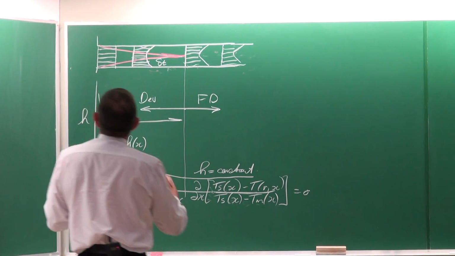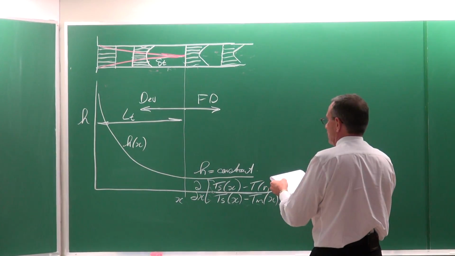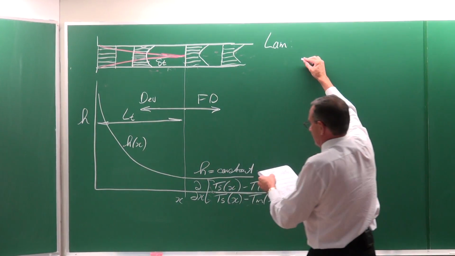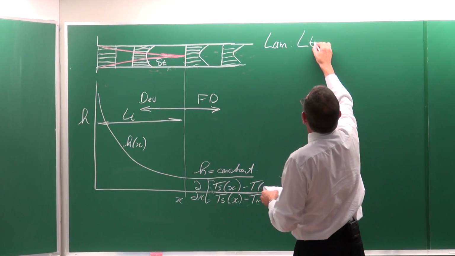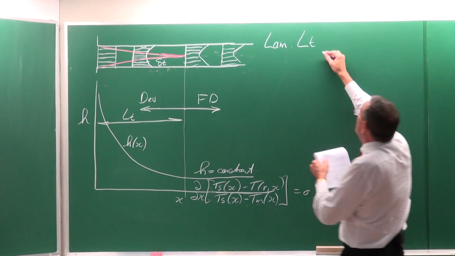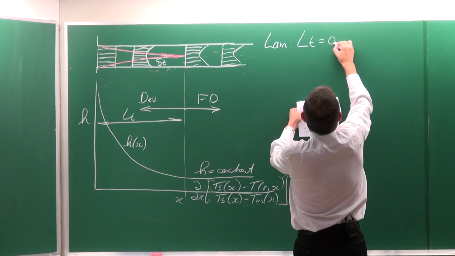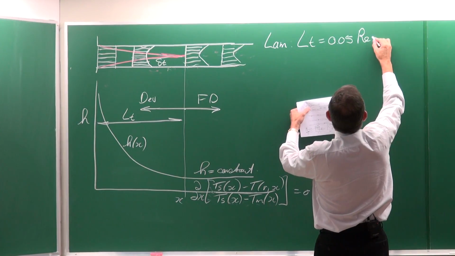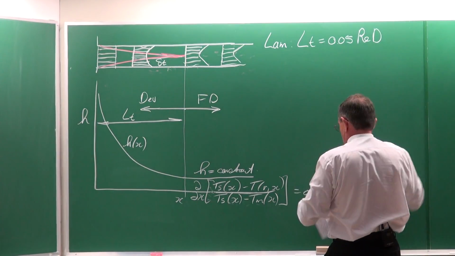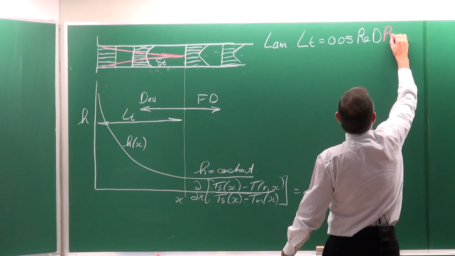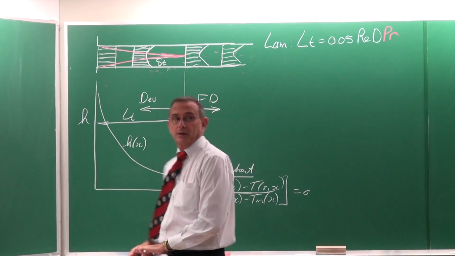In general, for our thermal boundary layer, if the flow is laminar, then the distance that it's going to take before it's fully developed is equal to 0.05 multiplied by the Reynolds number, the diameter, and guess what? The Prandtl number. Okay.